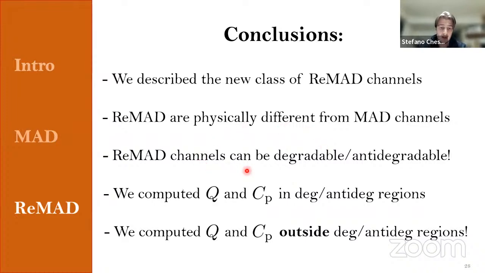In those regions of degradability and anti-degradability, we were able to compute exactly the quantum capacity and also the private capacity. I didn't mention this, but the analysis for the private capacity is exactly the same. And we were able to compute exactly the quantum capacity and the private capacity for some of these channels also outside of degradable and anti-degradable regions.